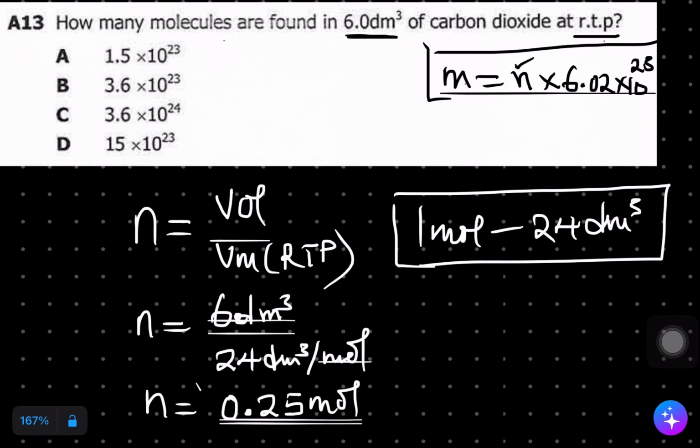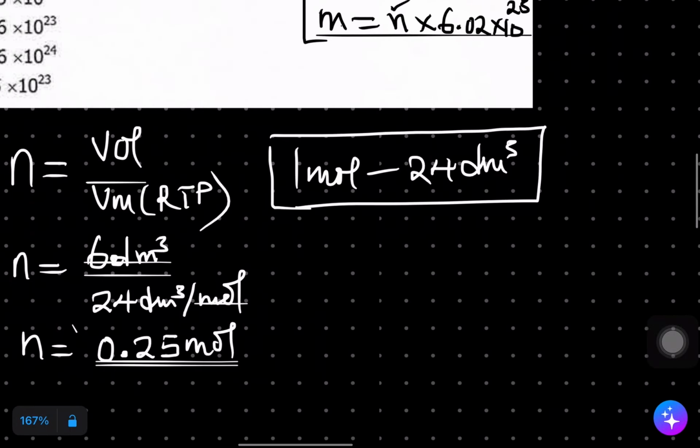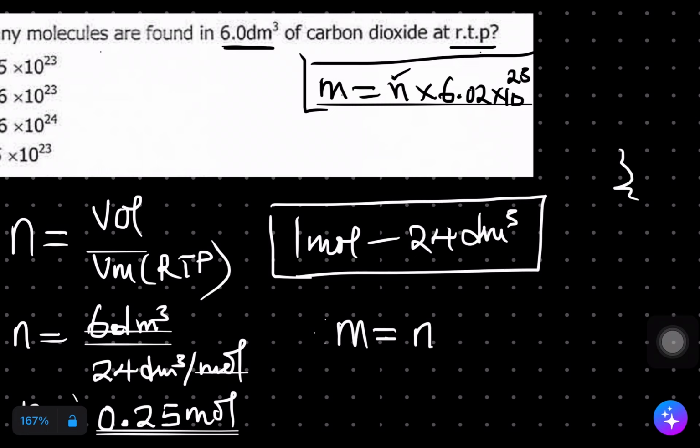So we have found the number of moles. Upon getting the number of moles, we go on to use Avogadro's constant. The number of molecules is equal to the number of moles times 6.02 times 10 to the power of 23.